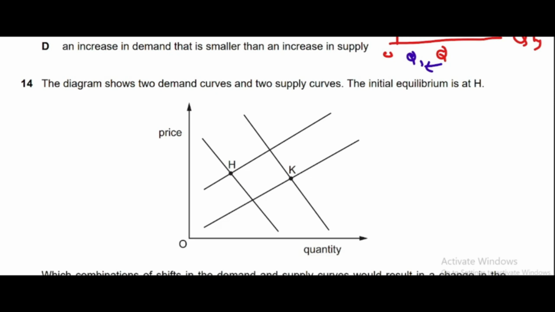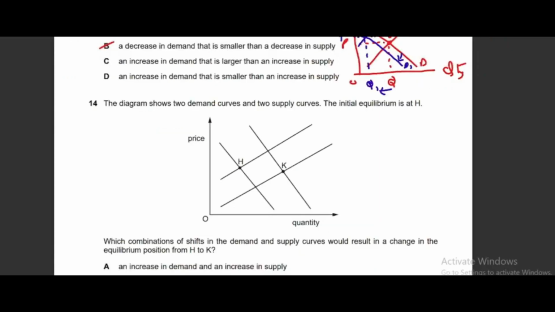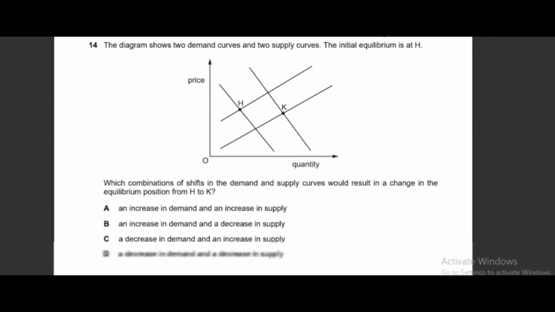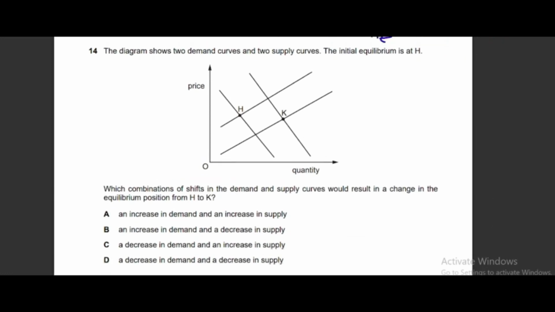Moving to question number 14, which says the diagram shows two demand curves and two supply curves, right? Which combination of shifts in the demand and supply curves would result in a change in equilibrium position from H to K?